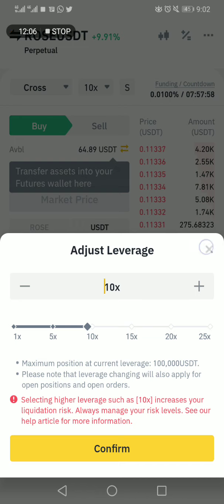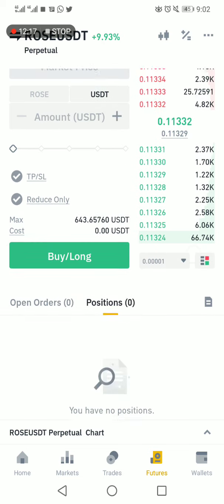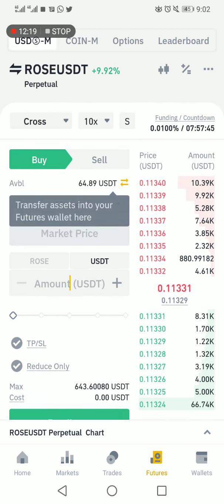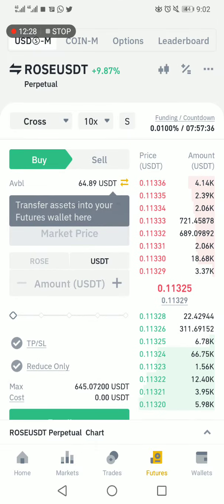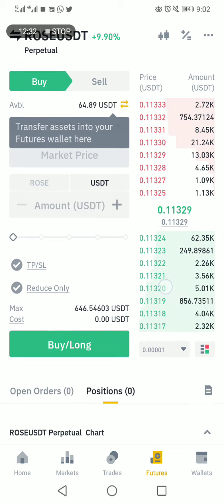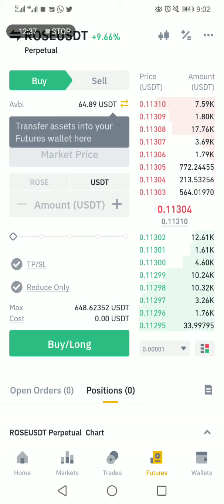What it means is that I'm telling Binance that they should loan me 10 times what I have, so I can go into the market with a bigger amount. So with this 64, I'll be going into the market with 64 times 10, which is about 640. You can see it here, $648 USDT.